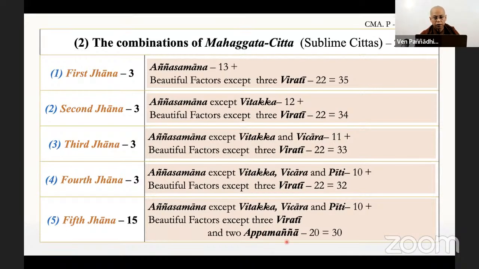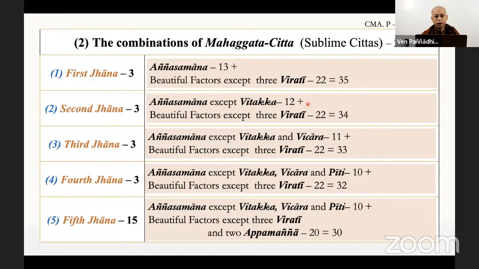That is why, instead of the same number as the 4th jhana, like the Lokuttara, here it is different. So you have to take note here. In Lokuttara, the 4th jhana and 5th jhana come in the same number, but the feeling is different. But in the sublime consciousness, Mahaggata consciousness, even the number is different because Appamanna becomes an exception.